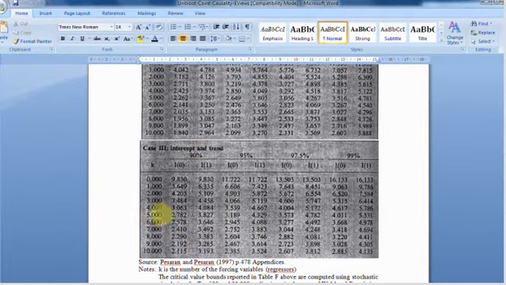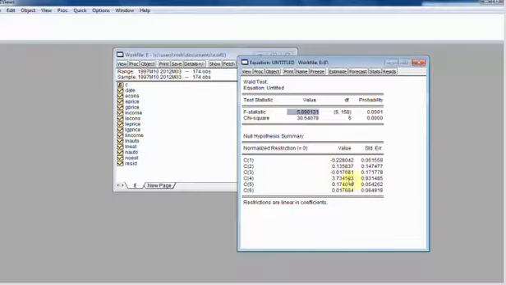Testing at the 5% significance level, my 5.09 is higher than the upper bound, so it's beyond this bound. In other words, my variables have cointegration, they move together in the long run, so they have long run associations. In that case, I can estimate the ARDL model.